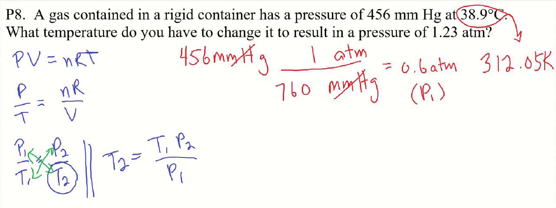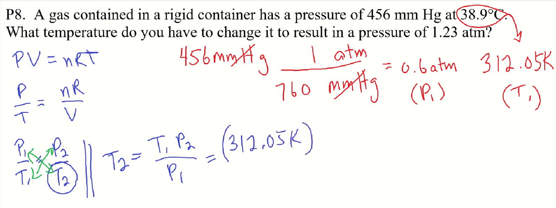Let's label that. This is T1. All right, now we can finally plug these numbers in. T1 is 312.05 Kelvin.